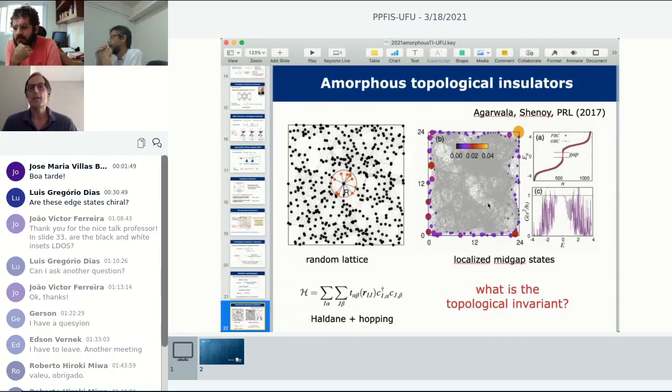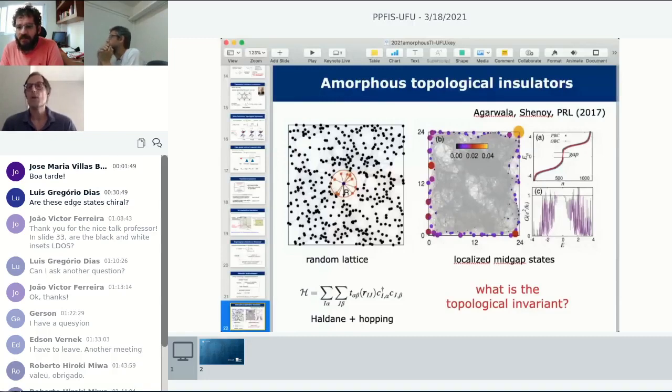Since the lattice is random, the arrows are kind of funny and a little bit hard to see. But if you project out the spin, you see a circulating current in this edge if you attach the leads here and there. Okay. Yes, you're correct.